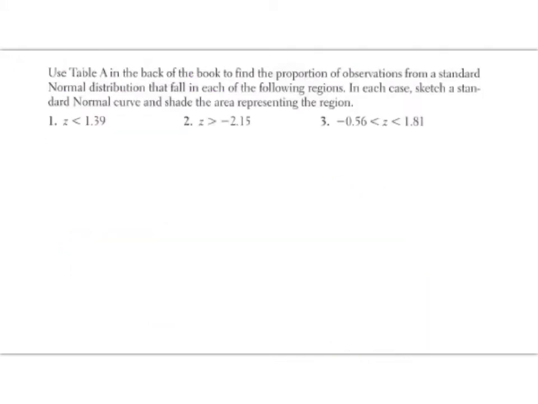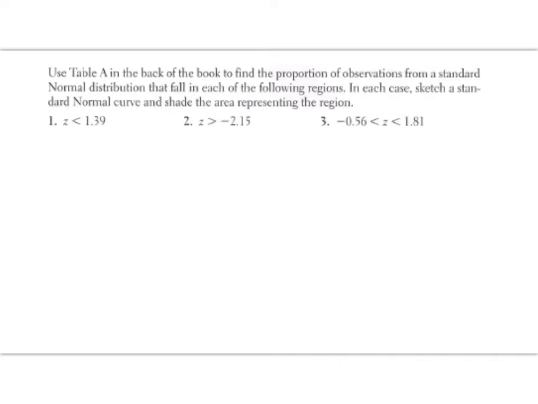So let's look at some more examples. The first one: using table A in the back of the book, or again in your pink formula chart, find the proportion of observations from the standard normal distribution that fall in each of the following regions. It asks you to sketch a normal curve and shade the area representing the region.